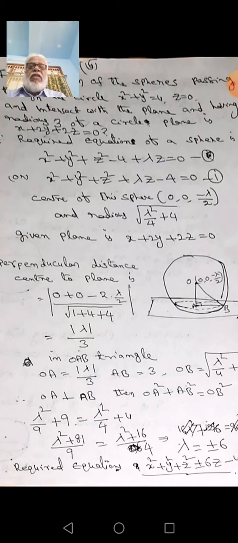What is the perpendicular distance from the center to the plane? The formula is ax1 plus by1 plus cz1 plus d divided by under root of a square plus b square plus c square.